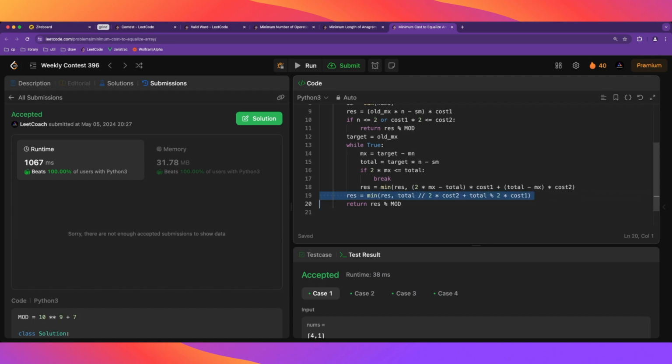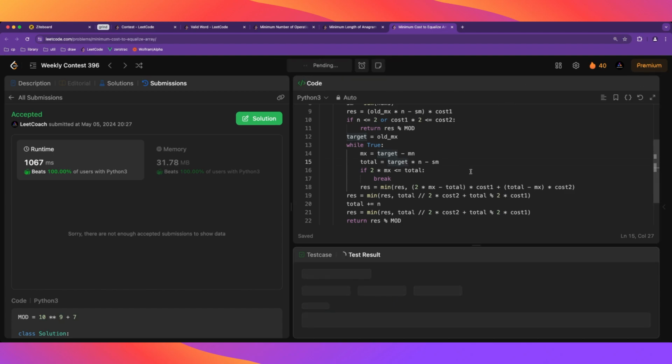But then we want to increment total by n, right? Because if we increment target by 1, so I guess this should work too, but I like the other structure a little bit more.